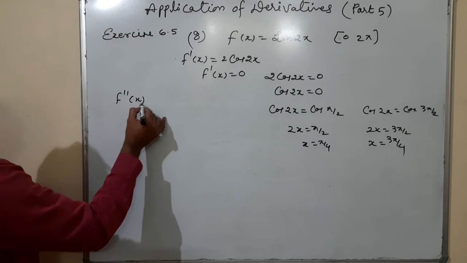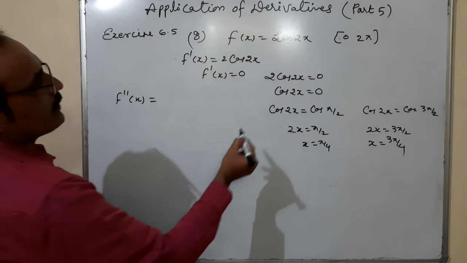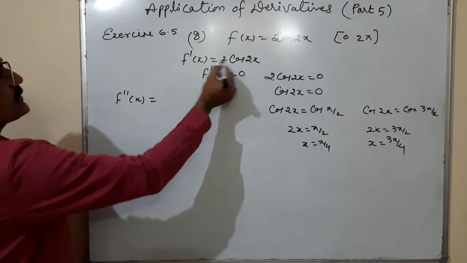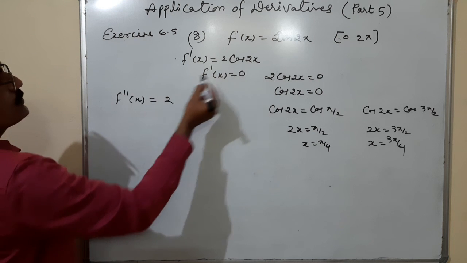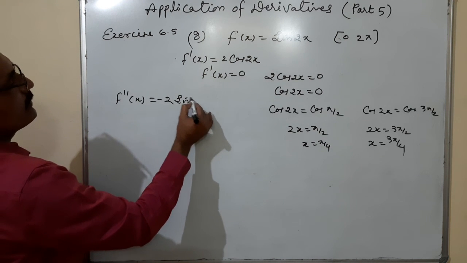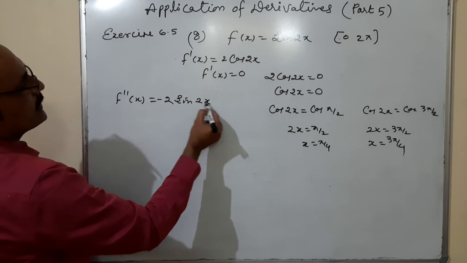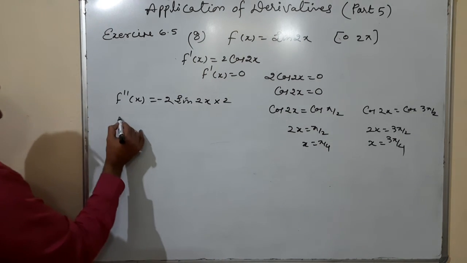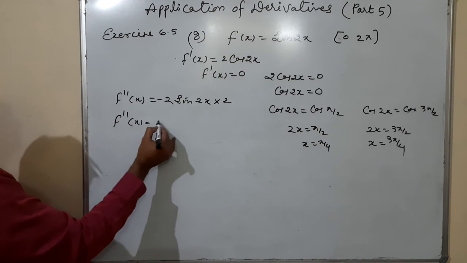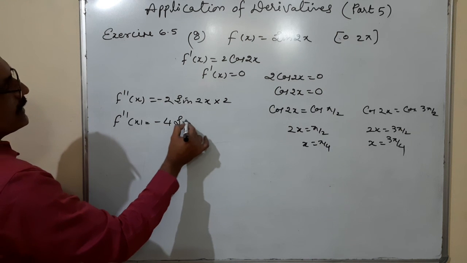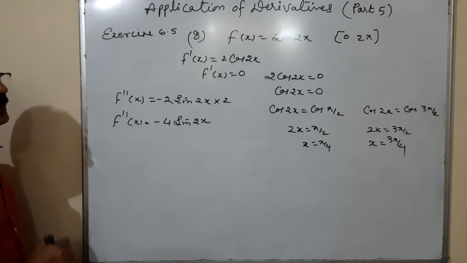f double dash x is equal to, f dash x is 2 cos 2x, so f double dash is 2 into minus sine 2x, and again differentiation of 2x, that is 2. So f double dash x is equal to minus 4 sine 2x. Here let us check.